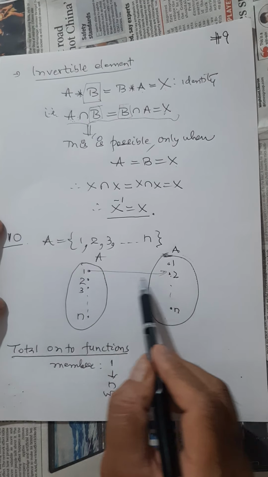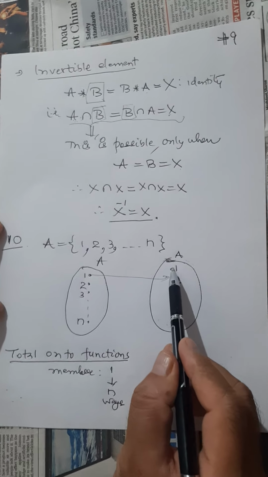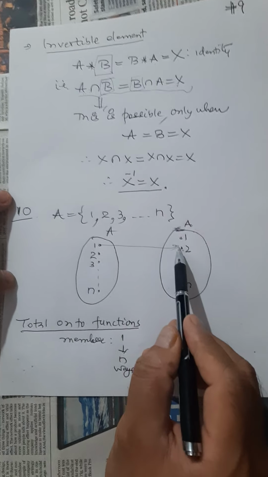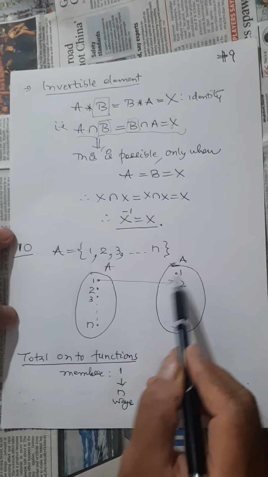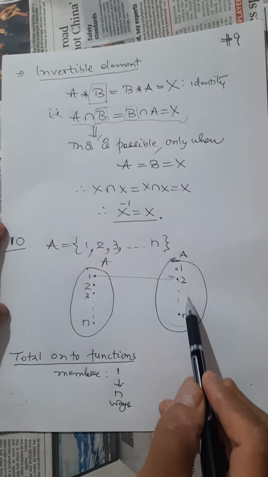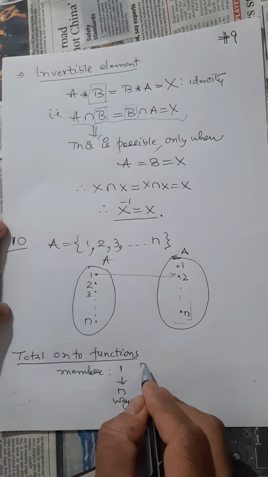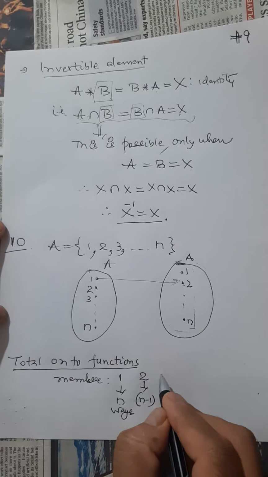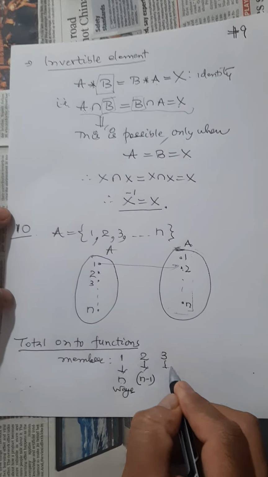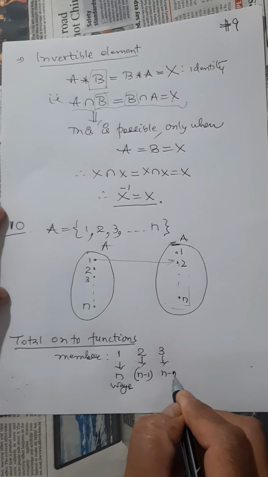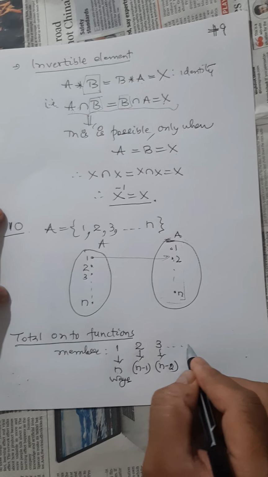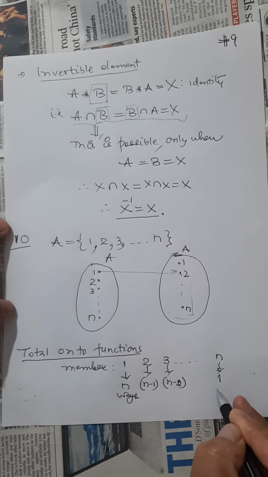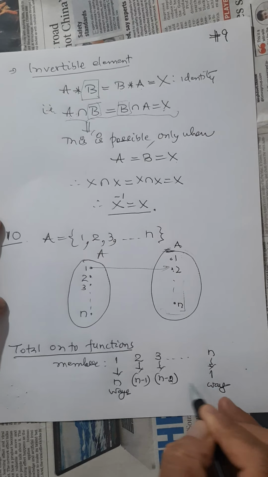If I take 2 again with this, then you will find one extra member in this codomain. In that case, it's not onto. So I cannot take 2 with this. Now for the second member, you are left with how many objects? n minus 1. So 2 can be associated in n minus 1 ways. Two members are already taken. So 3 can be taken in how many ways? n minus 2 ways. And so on. If I continue that way, for n, you are left with just one possibility, one way.